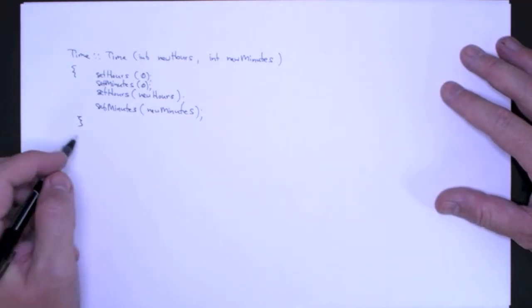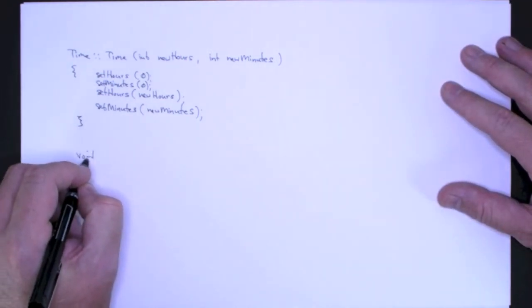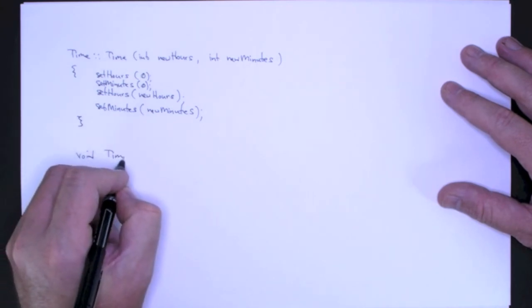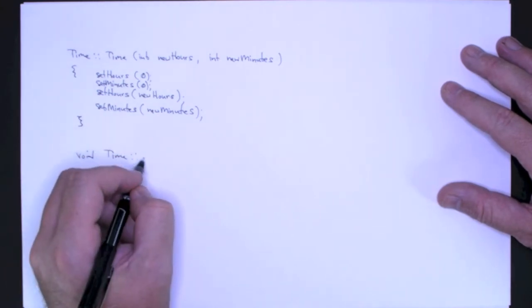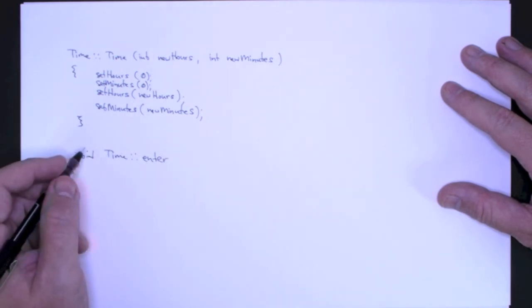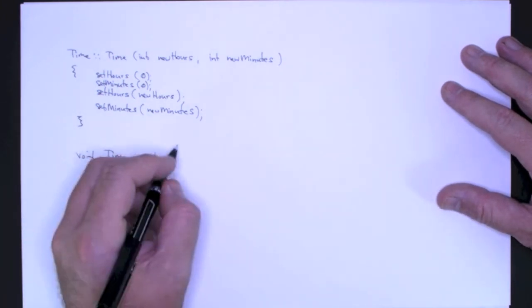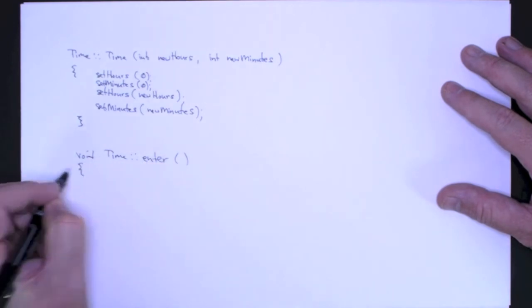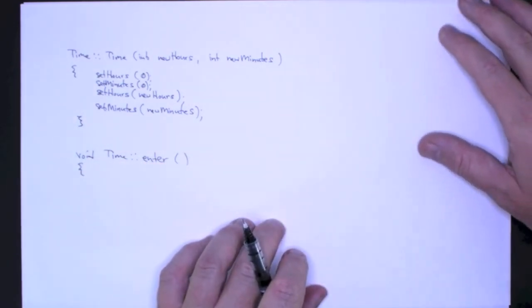Now for the enter method, things are a little trickier. And I would also need to do the same thing for the read method. I'm not going to refactor read, but that can be something that you can do.